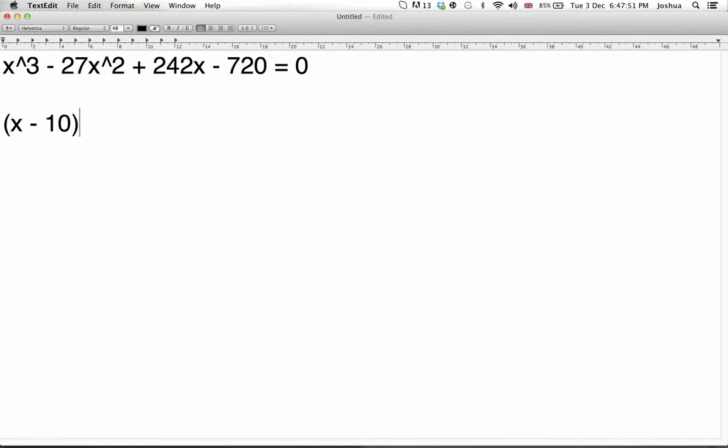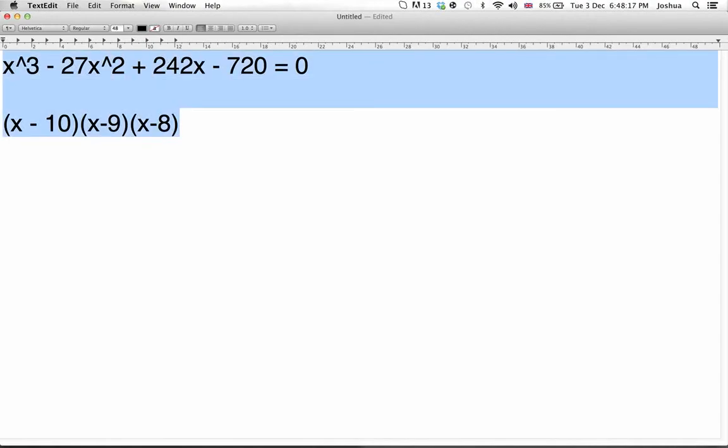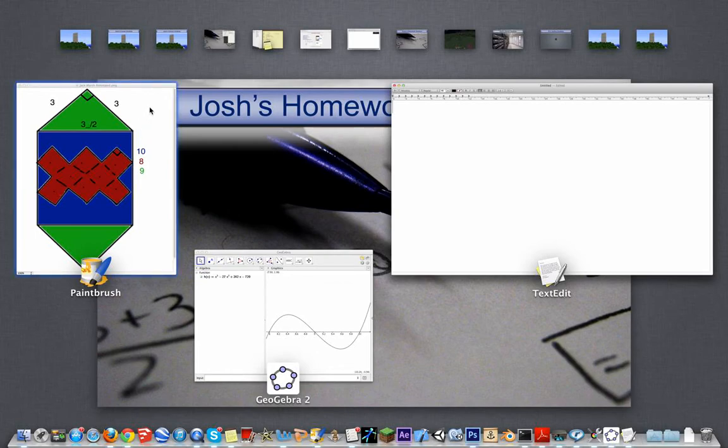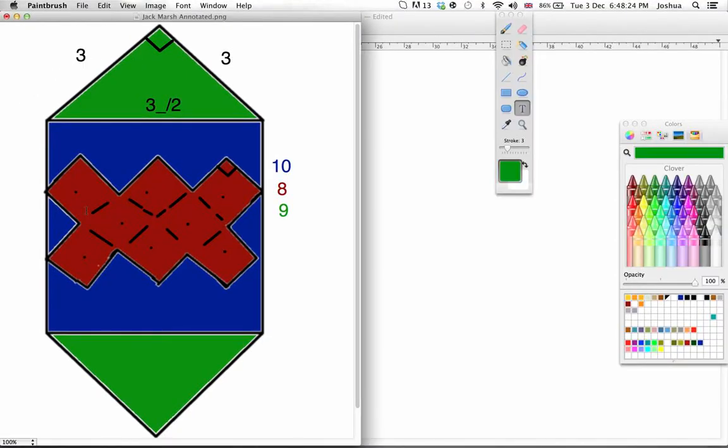You would find that whatever remained, you could factor into x minus 9 and x minus 8, and that means x is either that number or that number to return 0. So there you have it, ladies and gentlemen, Jack Marsh numbers and the Jack Marsh equation. And here we have the Jack Marsh symbol.